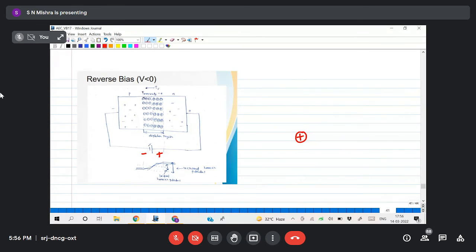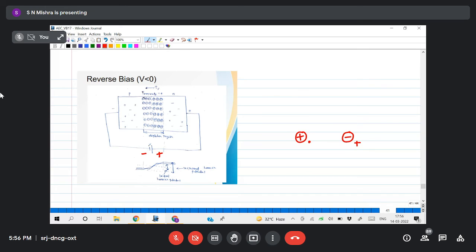When you add donor atoms, what will generate, electron or hole? Electrons with positive ions, holes with negative ions.